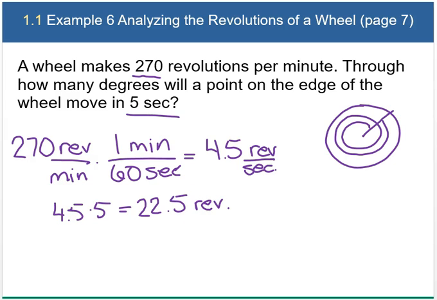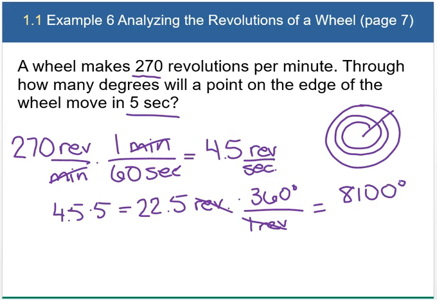Now, there are 360 degrees in one single revolution. So the next step is to multiply this by 360 degrees. The revolutions cancel out, just like the minutes canceled out earlier. We end up getting 22.5 times 360, which is this number here in degrees.